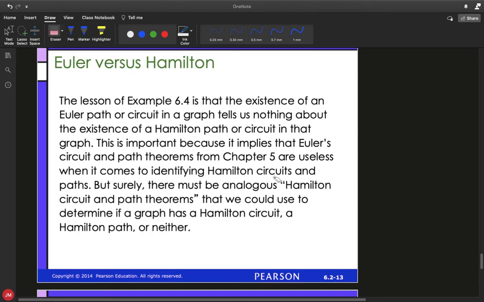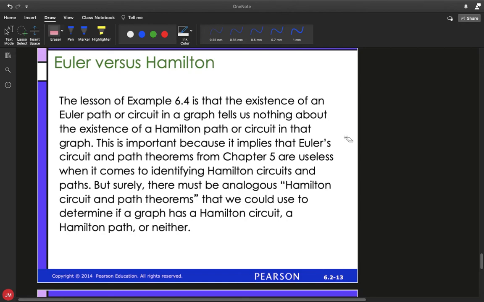Now, obviously, there are some similarities between Euler and Hamilton in that they both are describing paths and circuits, but there's a lot less in common than you might think. Really, as far as everything goes, there are no Hamilton circuit or path theorems in the same way that we had Euler paths and Euler circuits.